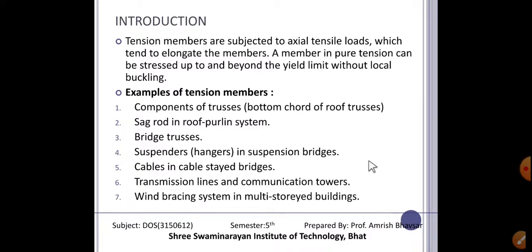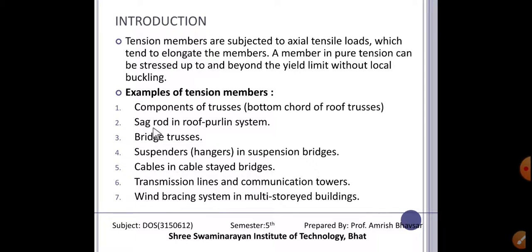Now which are the tension members? In which places can there be tension members? So first one is component of trusses, as I shared just before. Sag rod, that is used in purlin and it is used in industrial building, the shed.